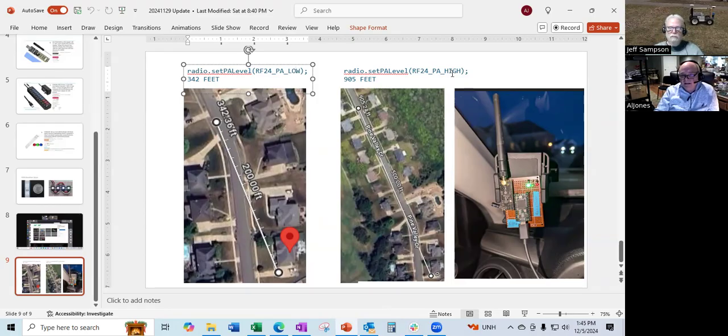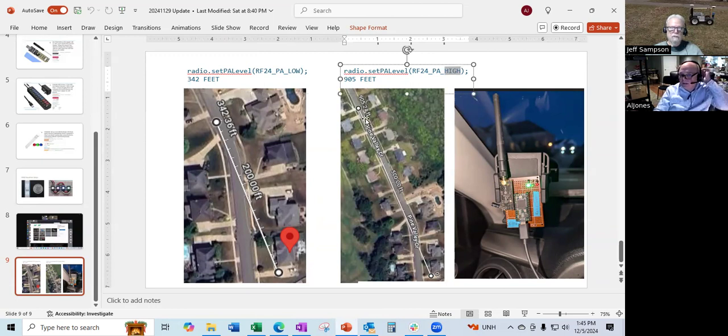But then I set it at high power and tested the distance, in what probably, radio communication wise, is a noisy environment, because this is at 2.4 gigahertz, I think.